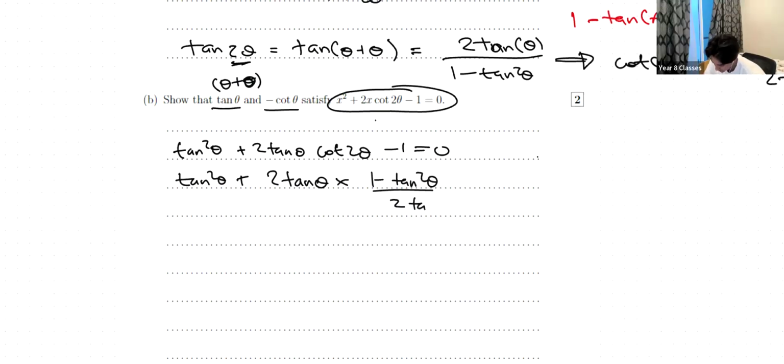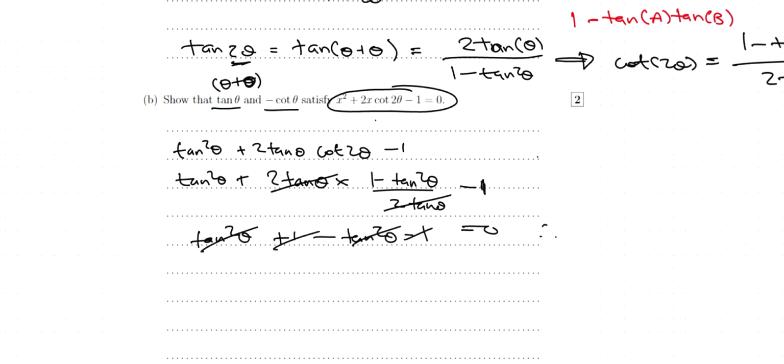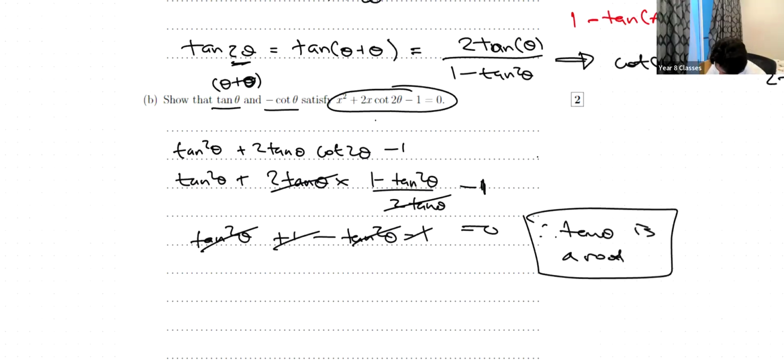Let's see how this simplifies. This will cancel out, leaving you with tan squared theta plus 1 minus tan squared theta minus 1 equals 0. Therefore tan theta is a root. And that's one proven. Now do the same thing for cot.